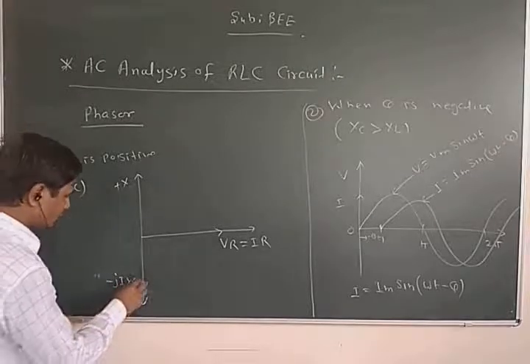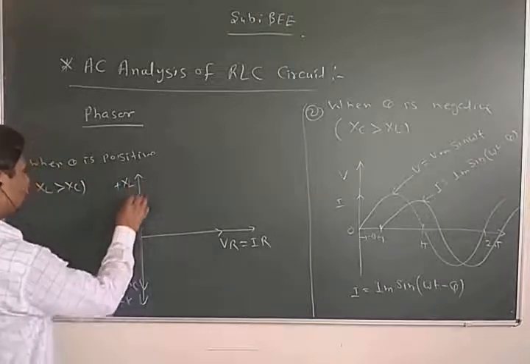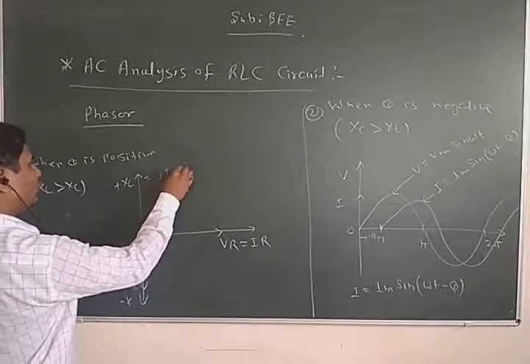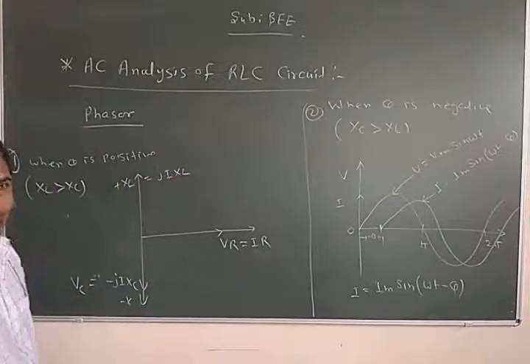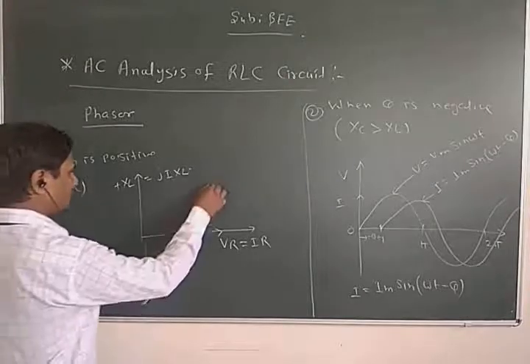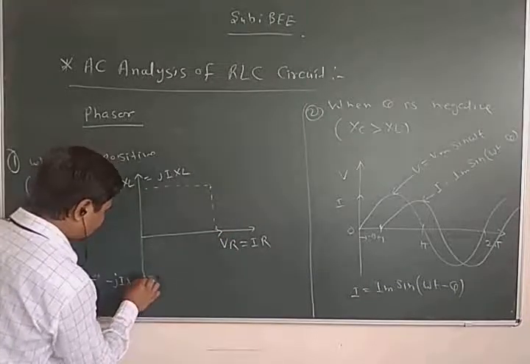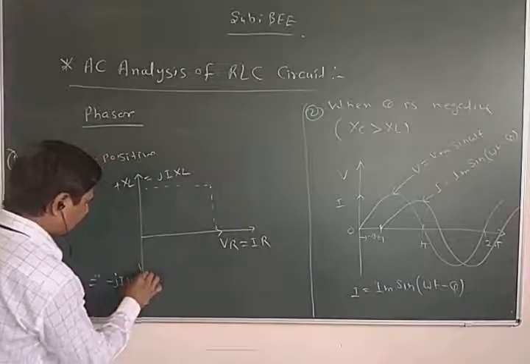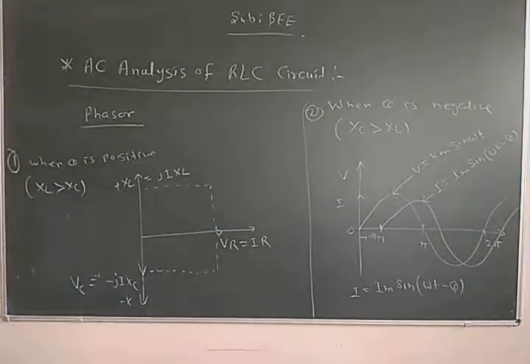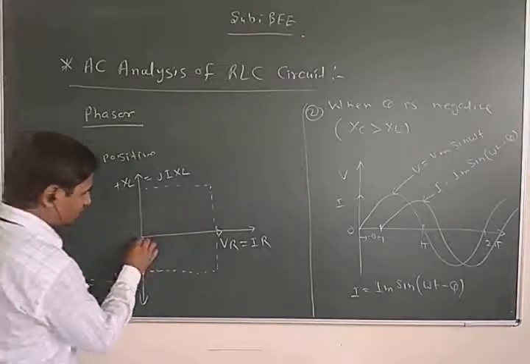Voltage across the capacitor is VC, and VL is equal to jI into XL. So when XL is greater than XC, suppose XC is very less, the voltage due to XL is this, and due to XC the voltage is this.